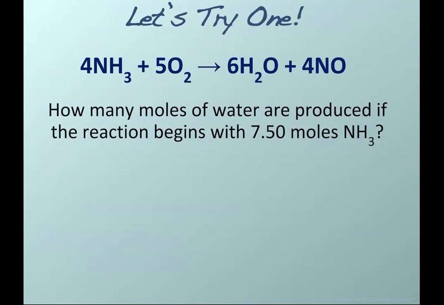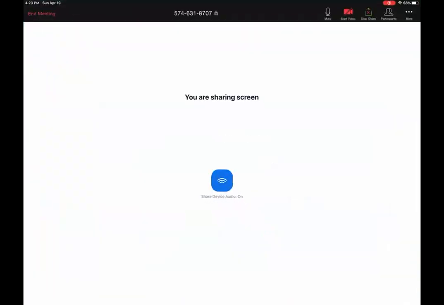All right, we're going to start on the right with what you are given. What are you given here? You are given 7.5 moles. I am going to go back to the whiteboard, and I'm going to say you are given 7.5 moles of NH3.